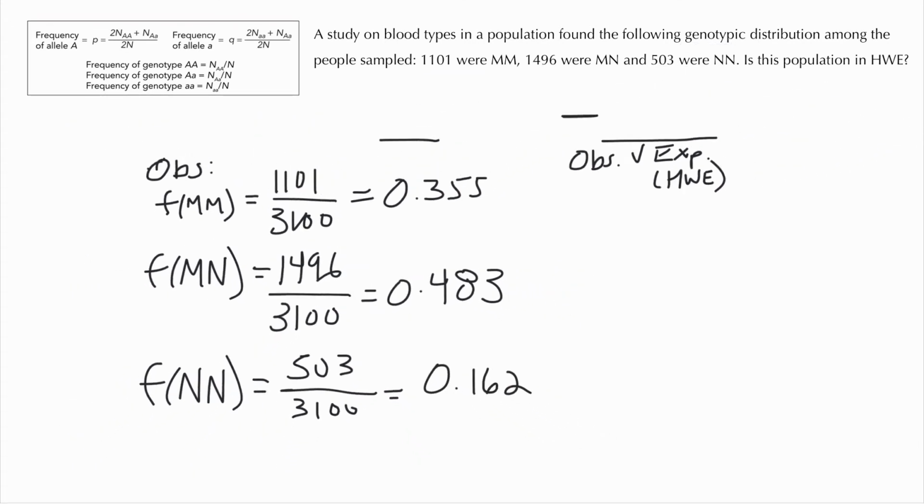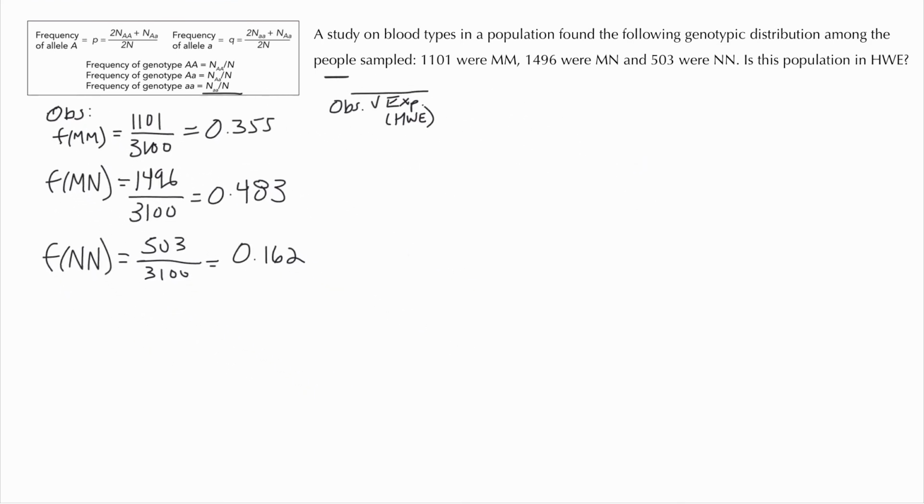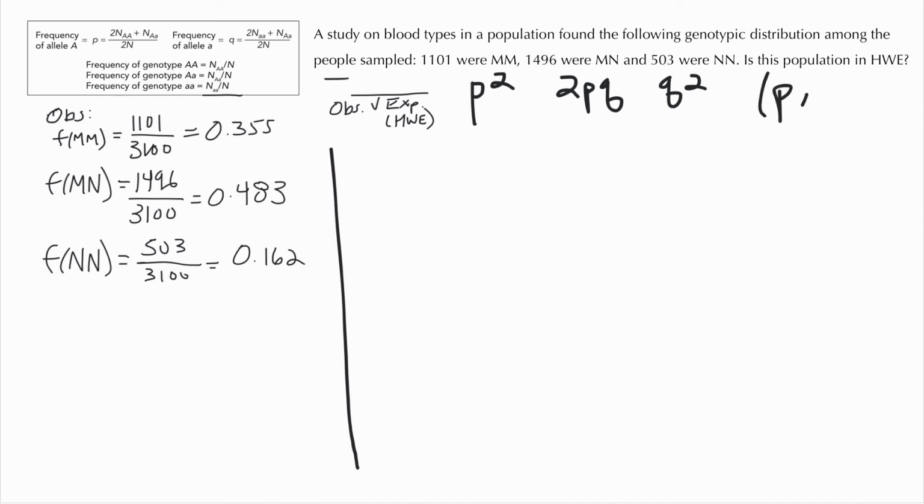So those are the observed frequencies, and now we need to figure out the expected frequencies and compare the two. To figure out our expected genotype distributions, we need to use the alleles. So in the end, we're looking for p squared, 2pq, and q squared. And to calculate that, we'll need to find, obviously, p and q.